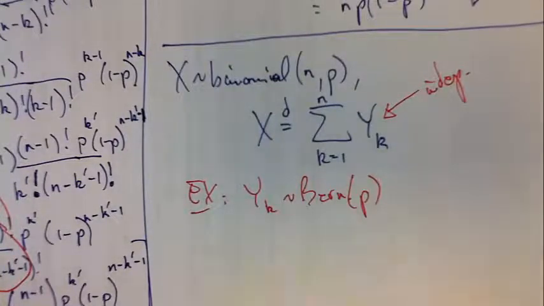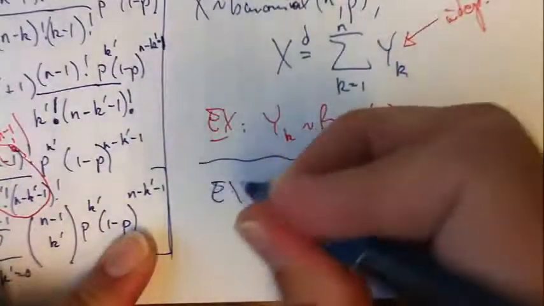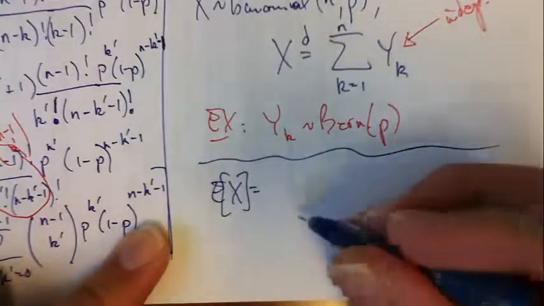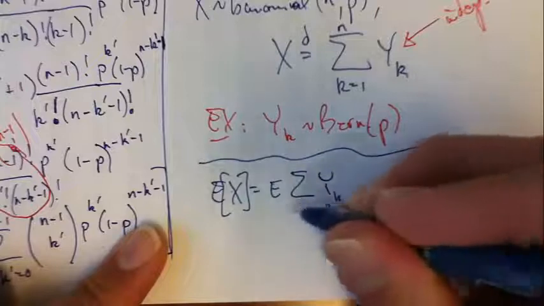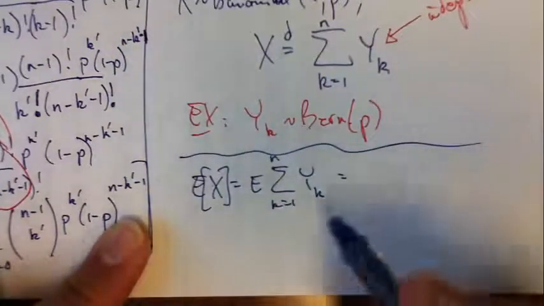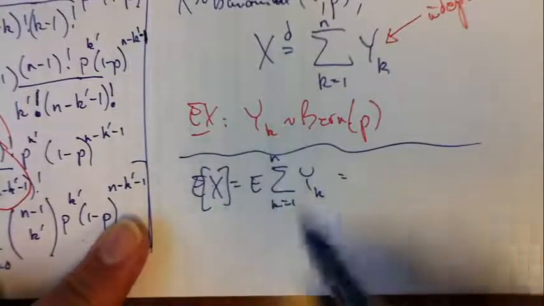And guess what? It also gives us a quick way to write down the expected value of X, right? The expected value of X is then going to be the expected value of that summation, right? But I already know from a previous theorem that the expected value of the sum is the sum of the expected values, right?